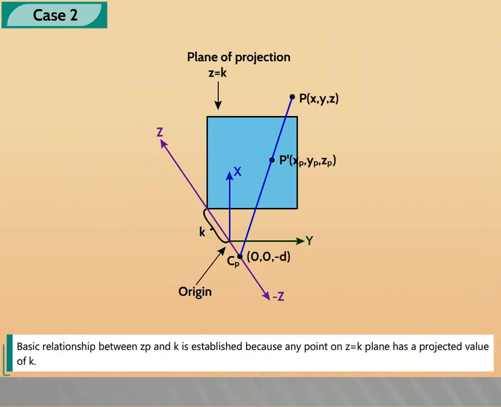The basic relationship between zp and k is established because any point on the z is equal to k plane has a projected value of k.